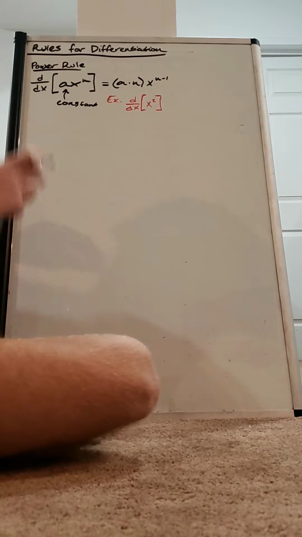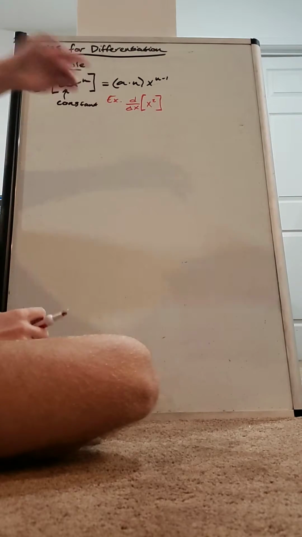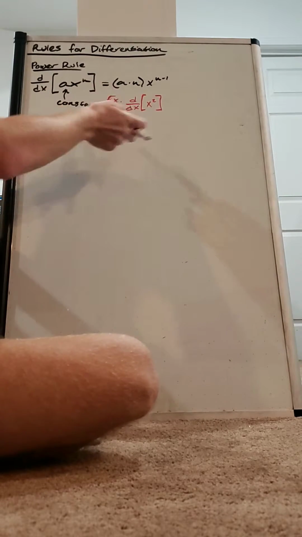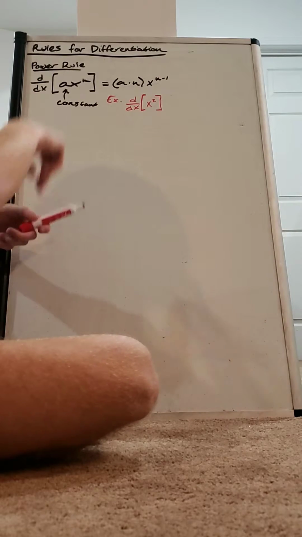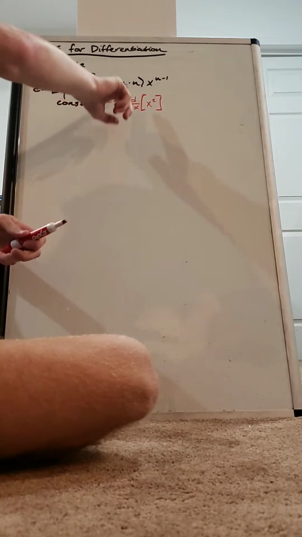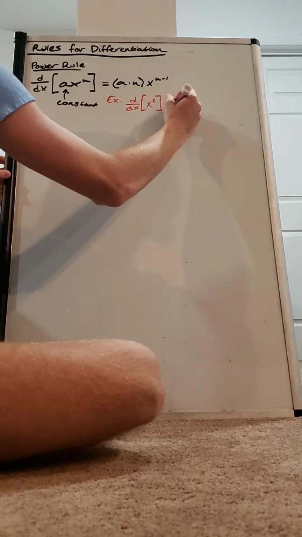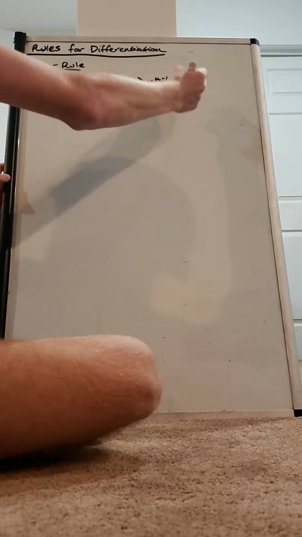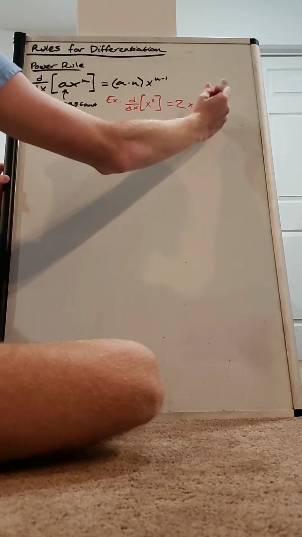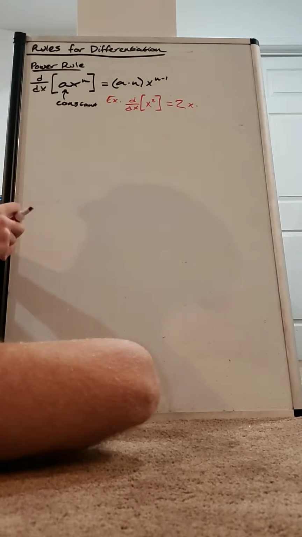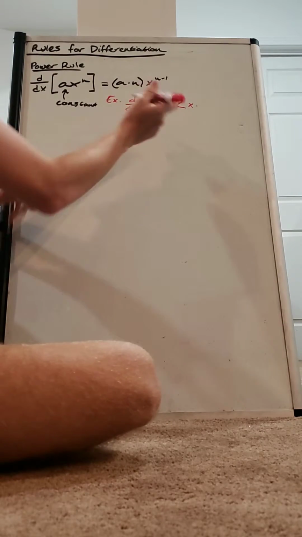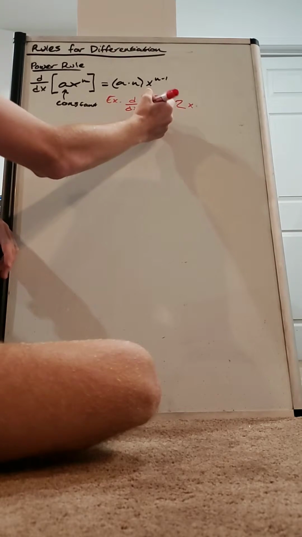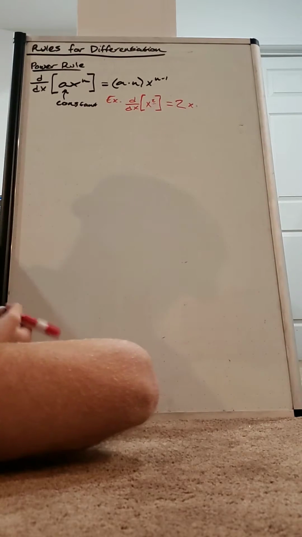To use this formula, a would be 1, since this is 1x squared, and n would be 2. So you would have 2 times x to the n minus 1, and n was 2, so now this is x to the 1, which is just x. So you just start with whatever exponent you have, bring it to the front, and then subtract 1 from that.